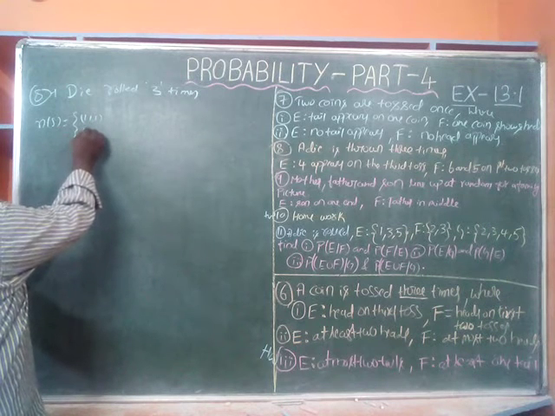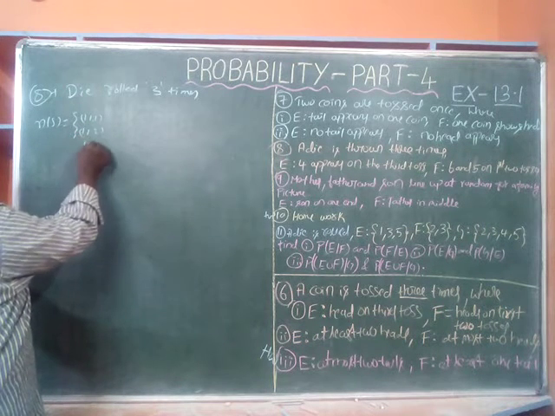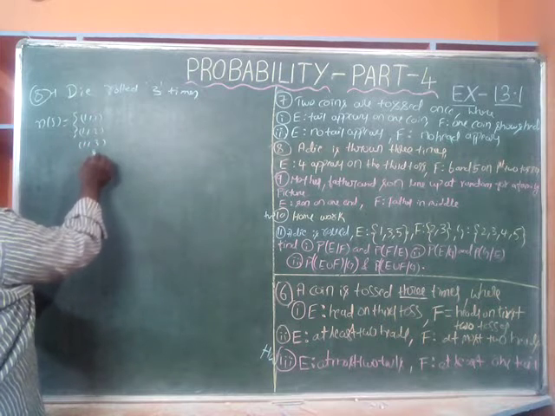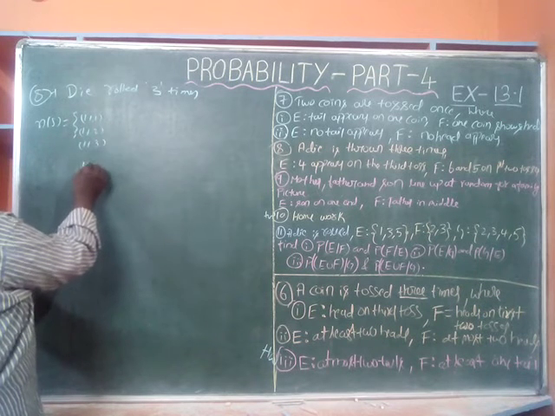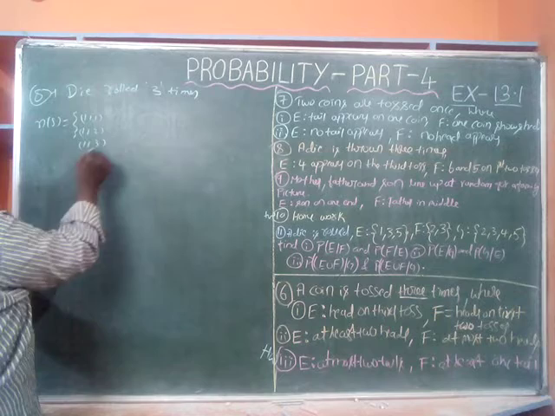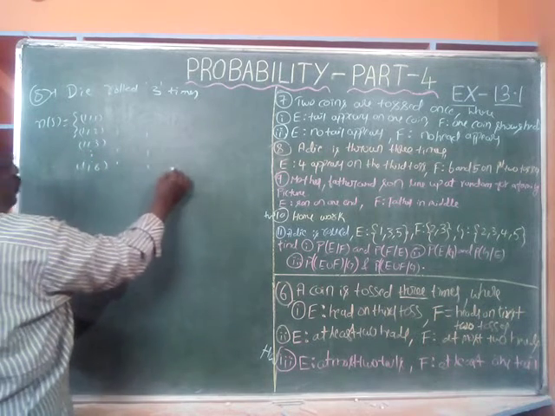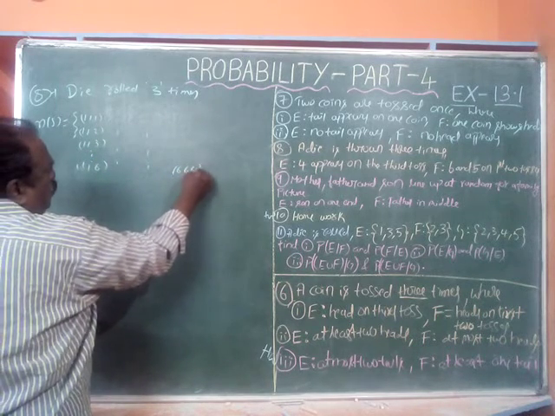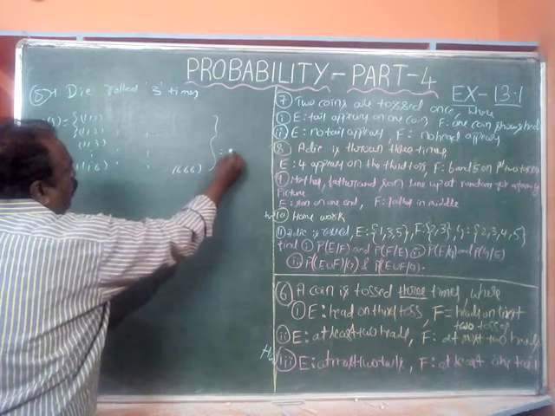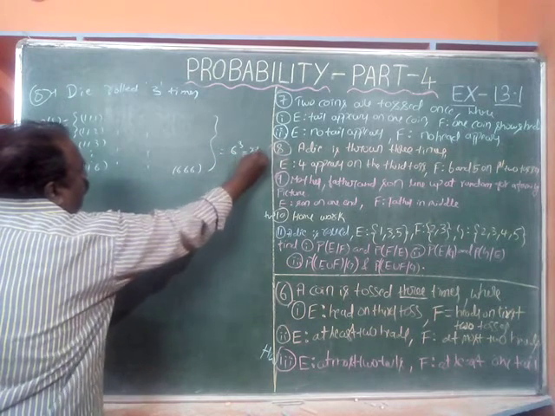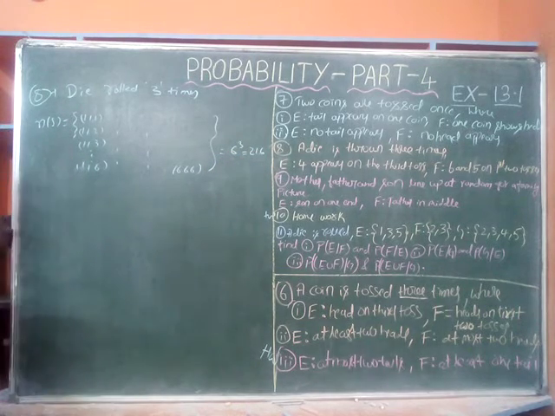Okay now. 1, 1, 2. 1, 1, 3. Like that. 1, 1, 6. Like this, the last one is 6, 6, 6. Okay, now, how much is 6 cubed? 216. It's a very difficult one.